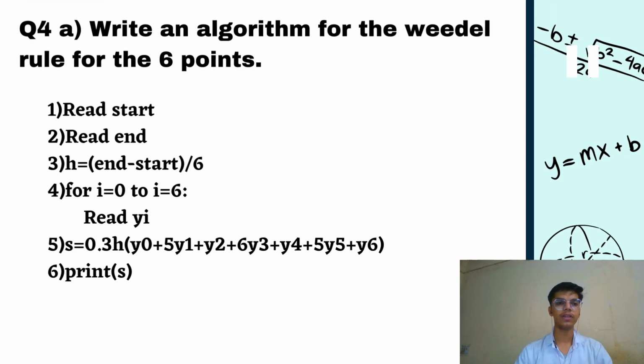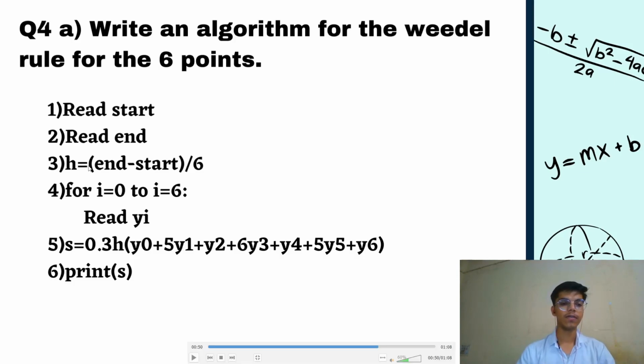Now in the next question we have to write down the algorithm for the Weddle rule for the 6-point. So it's quite simple. You have to read start, then you have to read end, then we will assign the subtraction of end minus start divided by 6 to the h variable. Now we will use a for loop from i is equal to 0 to i is equal to 6, and then we will read y[i].